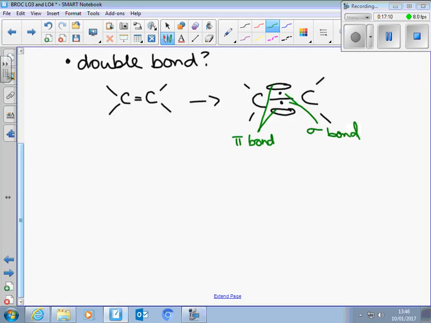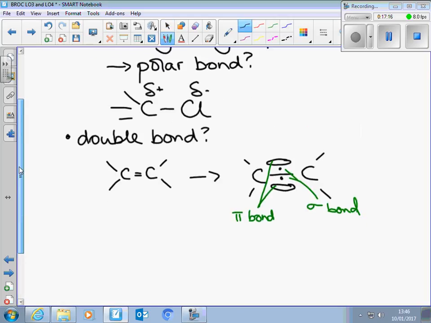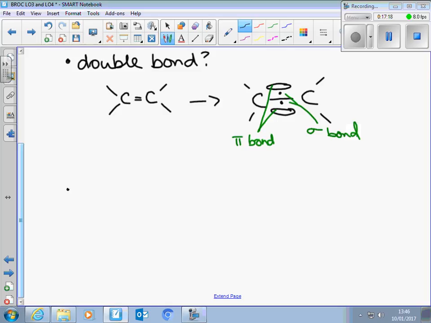You then have the third option here, perhaps something that we've not considered anywhere in our bonding. We've got this idea of lone pairs. Lone pairs are electrons which are not involved in bonding. If you have a look at the example there, we've got a carbon attached to a hydroxyl group.